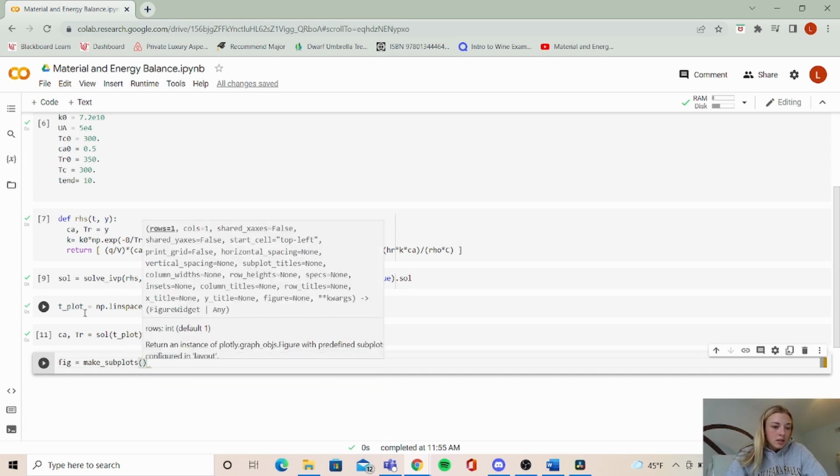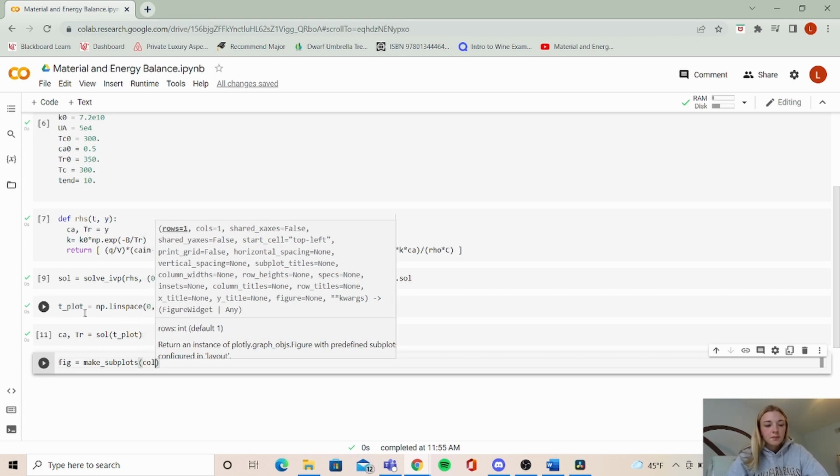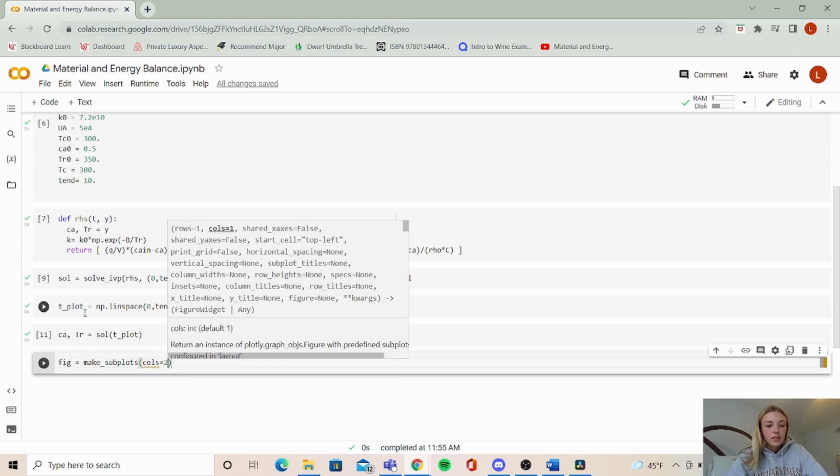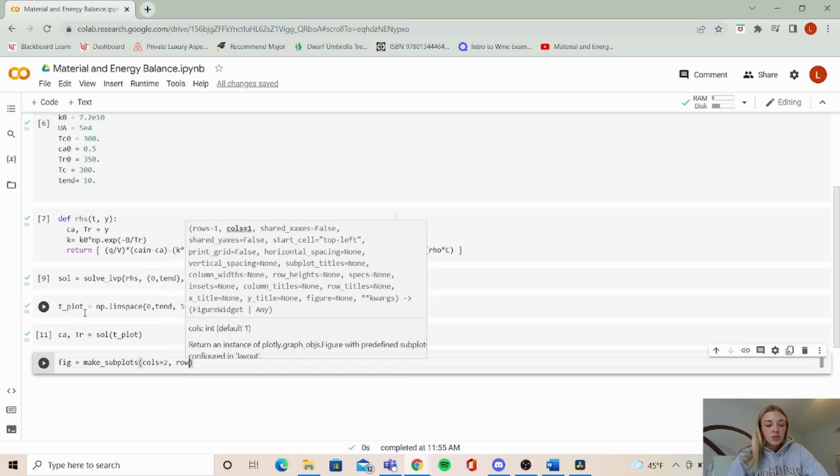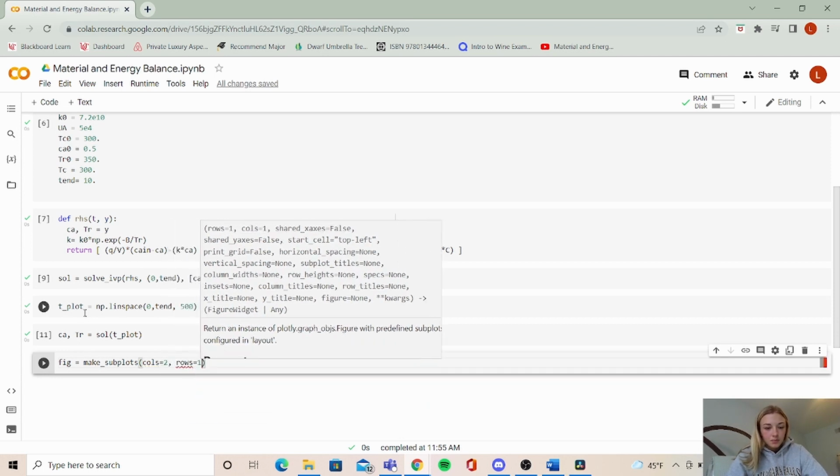And because our two dependent variables are going to have different units, we need two columns for that. And we'll just use one row.